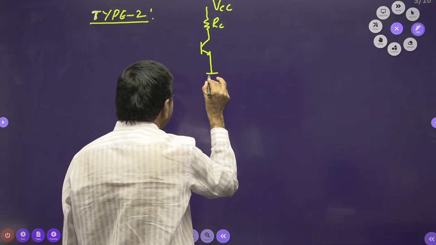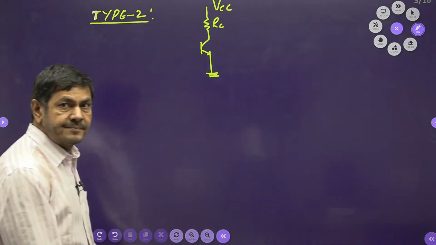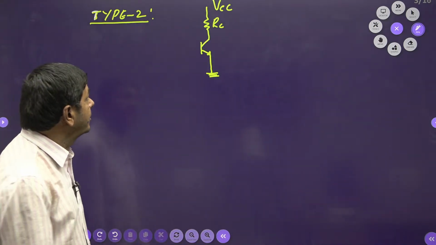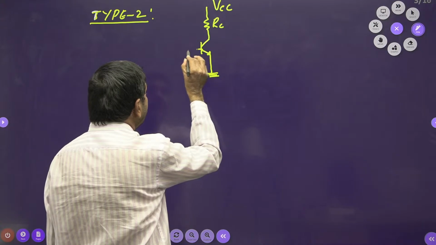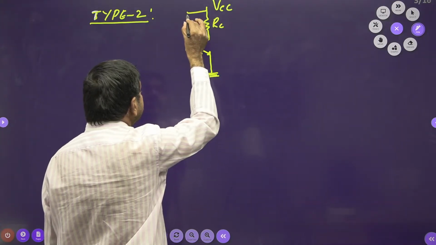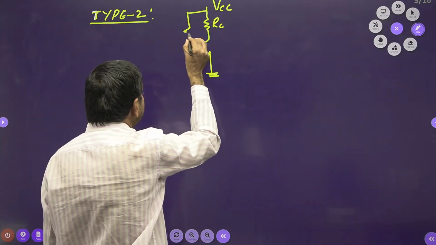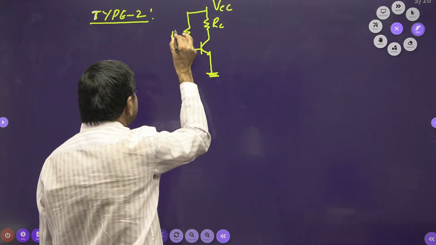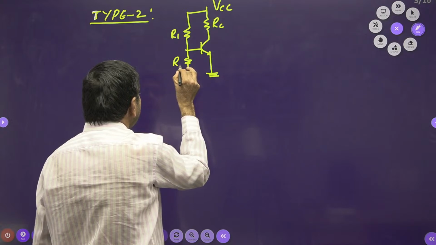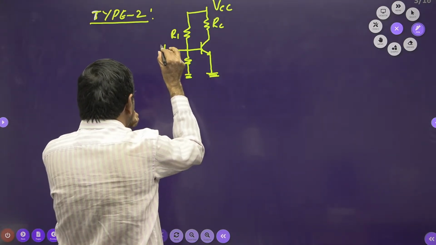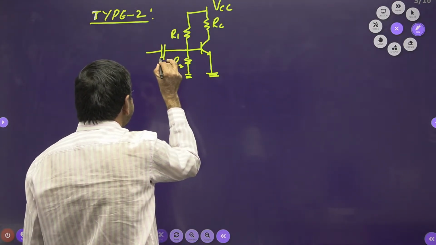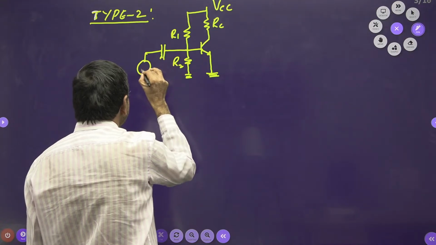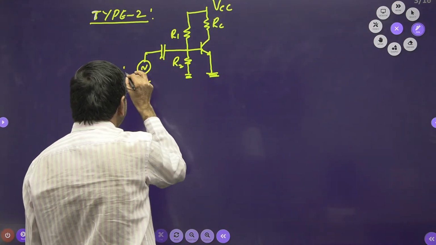Emitter is directly connected to the ground. But here it is connected with resistors R1 and R2. There is a capacitor and it is connected with a voltage source Vi.